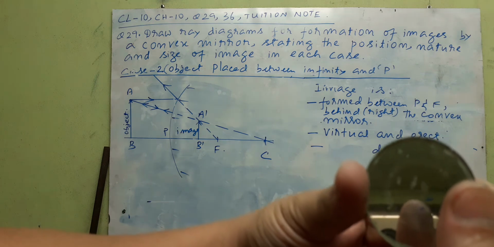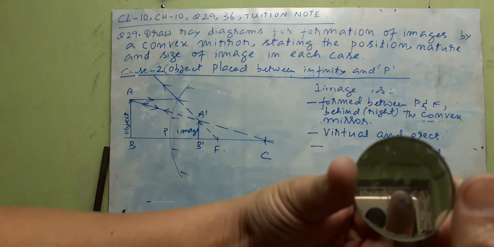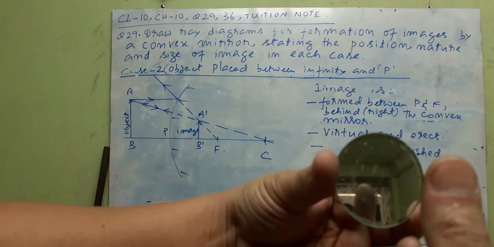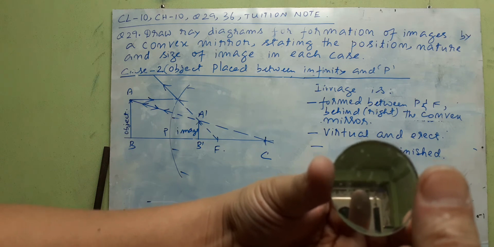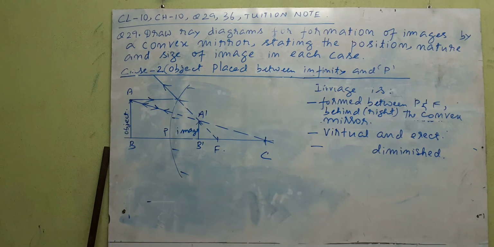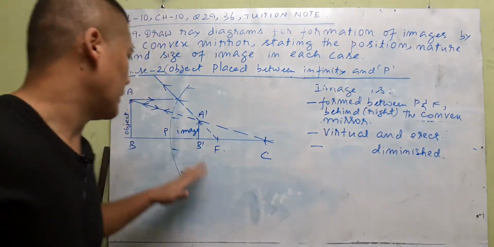Can you see the image behind the mirror? See, it's clearly smaller than the real thumb size you can see on the camera. So always behind the mirror, virtual, erect and smaller, diminished. And a convex mirror cannot form a real, inverted image, and it cannot form one in front, okay? So that we have to keep in mind.